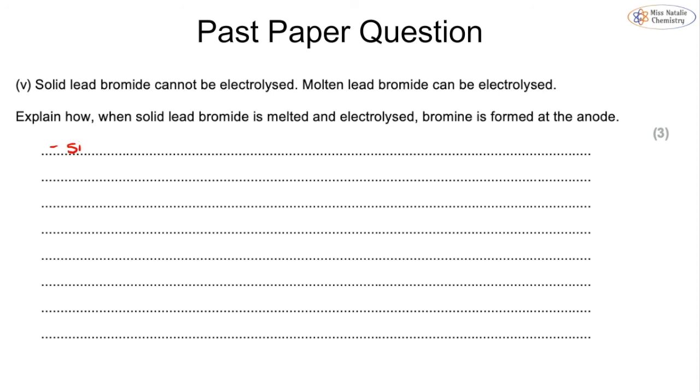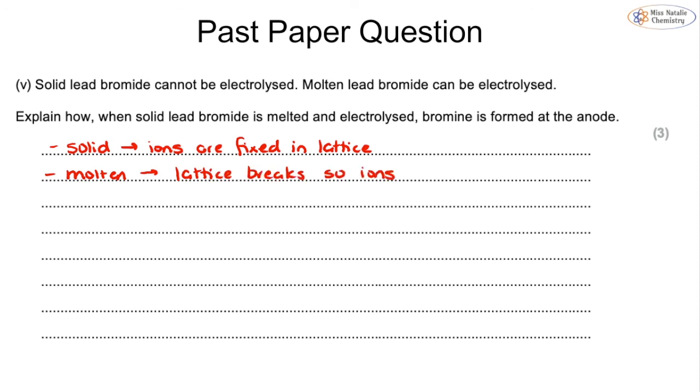So in a solid, the ions are fixed in the lattice, so they cannot move. When it becomes molten, the lattice breaks, so the ions can move. That's the most important part. We have to understand that this only happens with molten because the ions can now move.